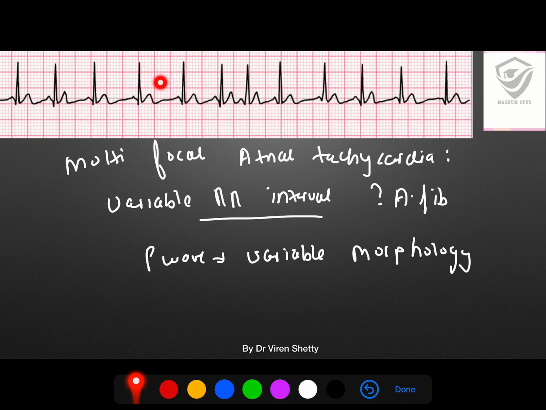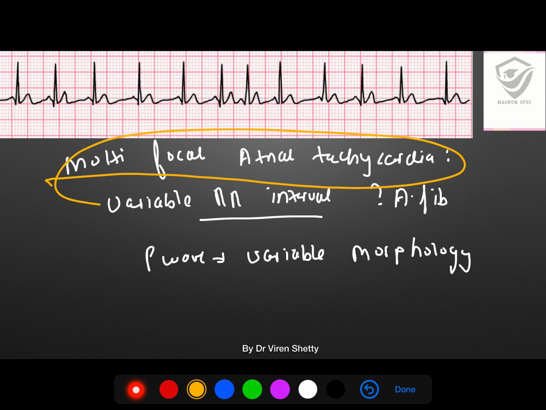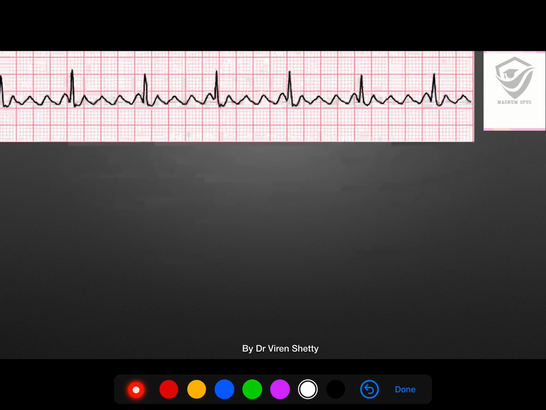Then once you see a variable RR interval, you try to find the P wave. Now the P wave is not very prominent, but you can see a little bit of P wave. So when you see a little bit of P wave and irregular RR interval, then go for multifocal atrial tachycardia.